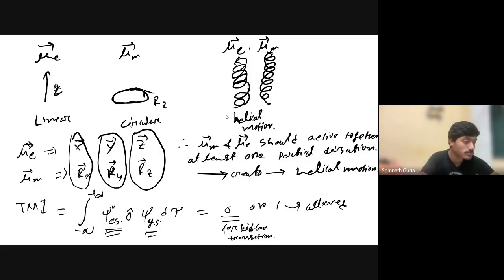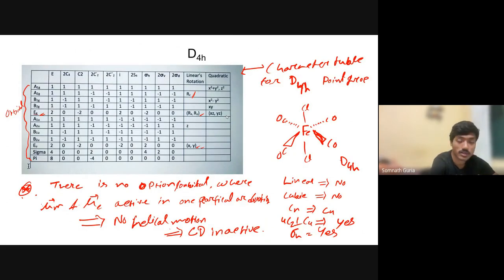To check that, we took some examples. One is D4h, where we found there is no symmetry operation, among A1, A2, A1g, A2g, B1g, B2g, Eg, A1u, A2u, B1u, B2u, Eu, sigma, pi, in which Rz and z, or Rx and x, or Ry and y are simultaneously active together.